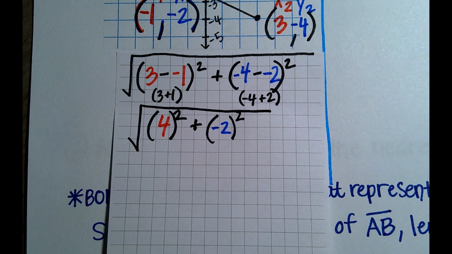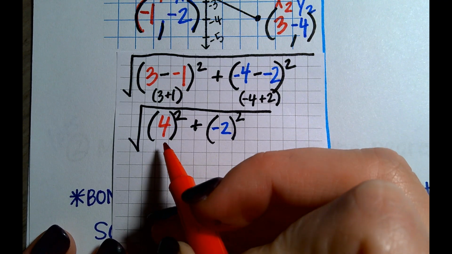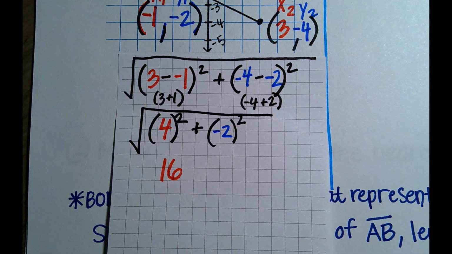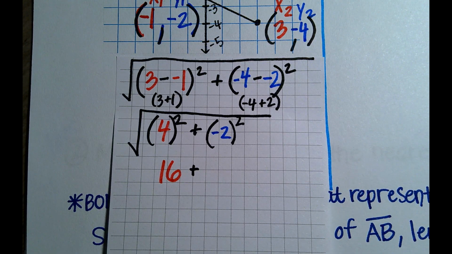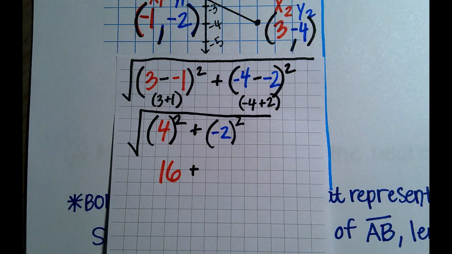Okay, so now I do 4 squared, which is 4 times 4, which is what? 16. Perfect. So I have 16 plus negative 2 squared. Ooh, you're very close. If you square a number, will it ever become... Ah, I know. The calculator is going to mess you up on that one.